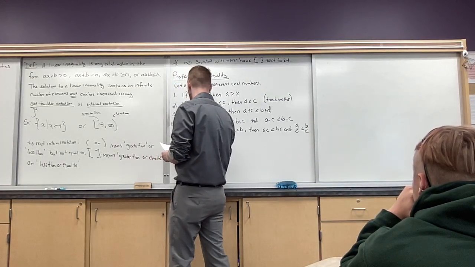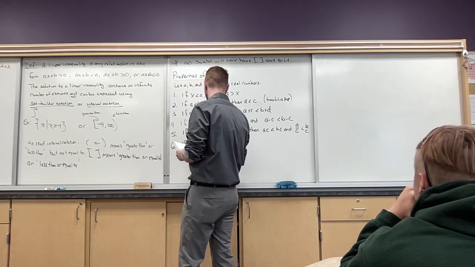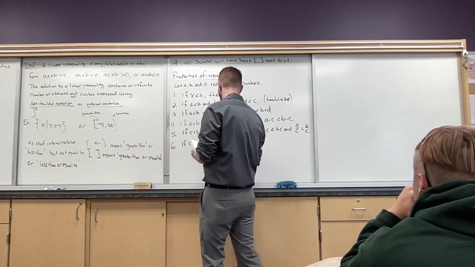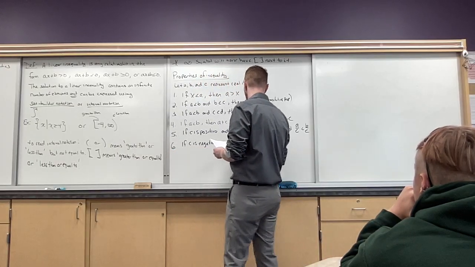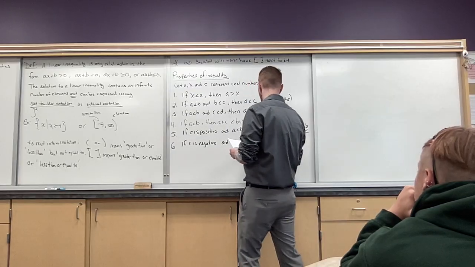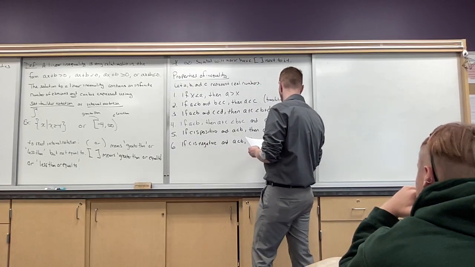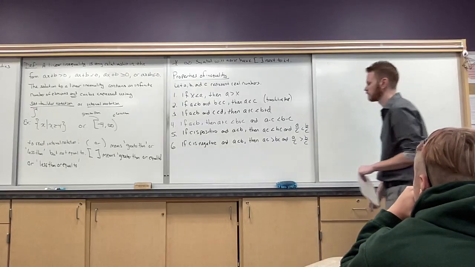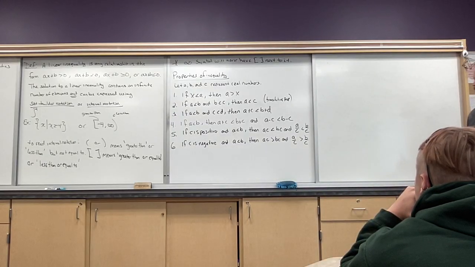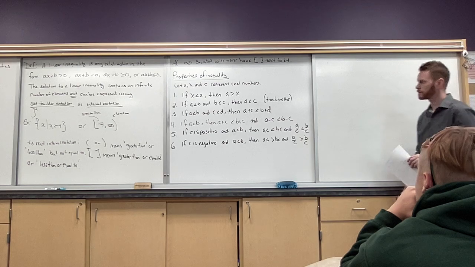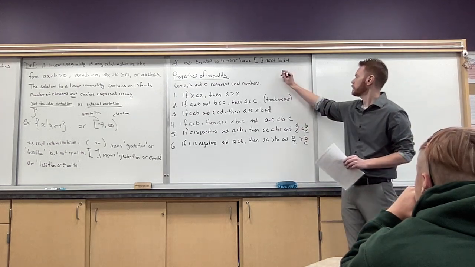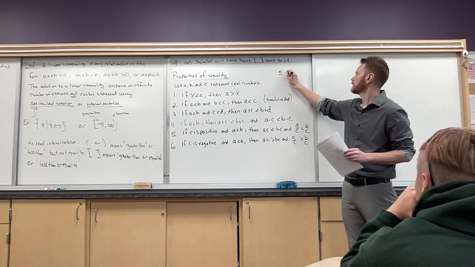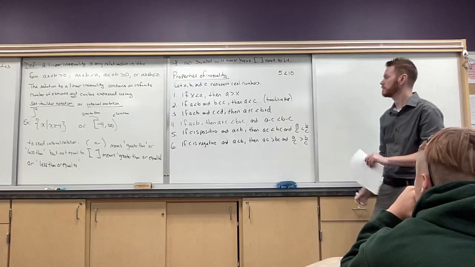Okay, if C is negative and A is less than B, then AC is greater than BC, and A over C is now greater than B over C. So if you remember, I'll just put it over here. Like if we had something like 5 is less than 10, that's a true statement.